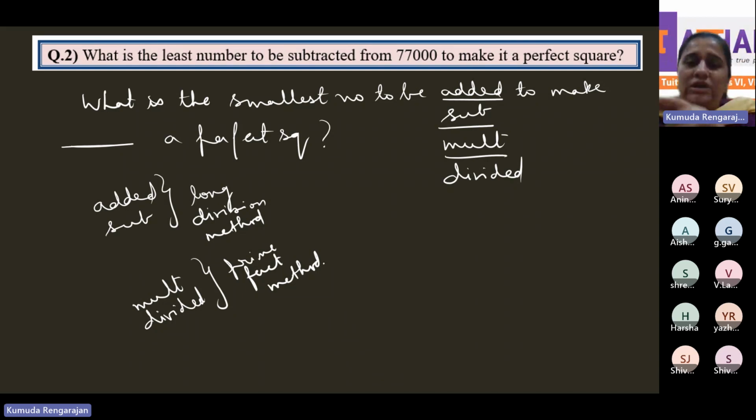And remainder you get only in long division. So if the question is what is to be added or subtracted, perform the long division method. If the question is what is the number by which it should be multiplied or divided, use the prime factorization method.